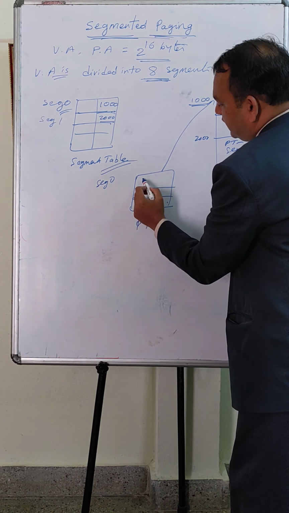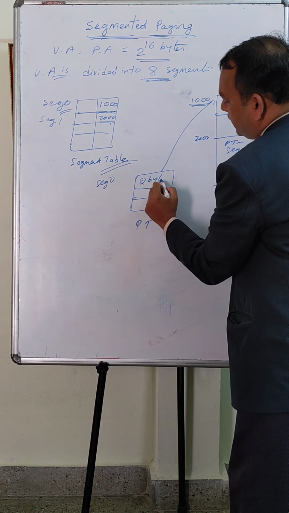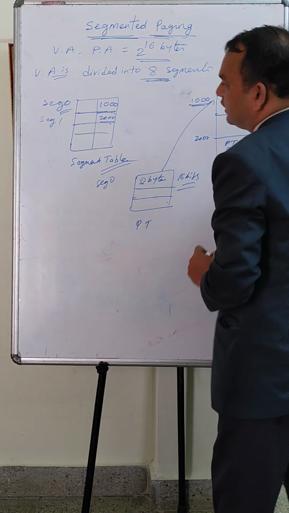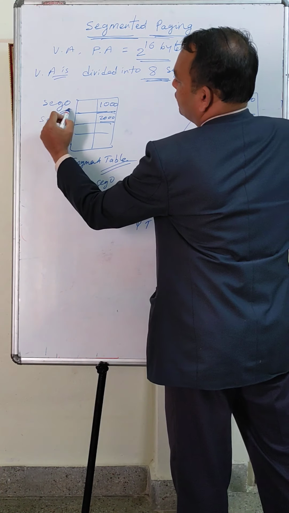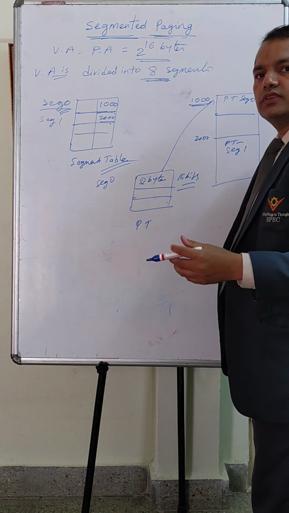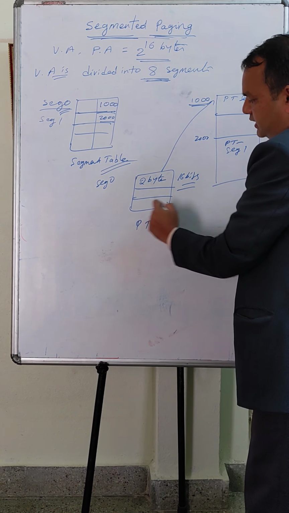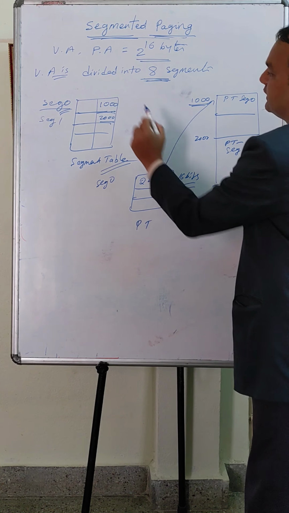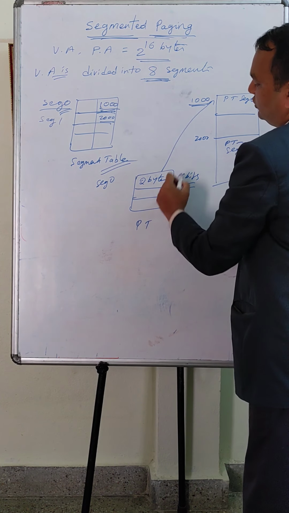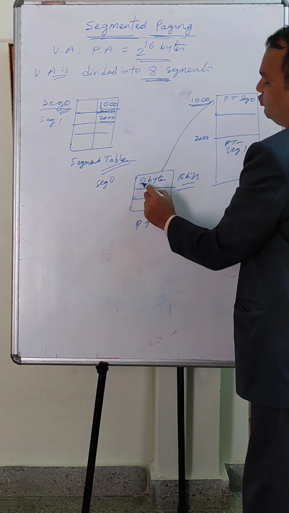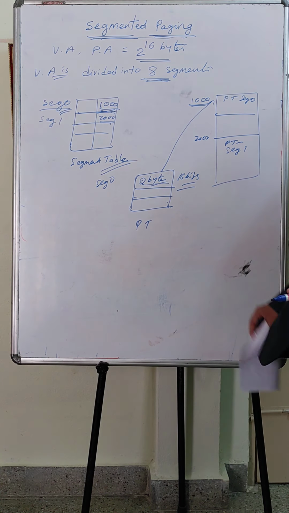Here each entry is how many bytes? 2 bytes, meaning 16 bits. Understood? Segment 0 is divided into a number of pages, so it should maintain a page table. That page table is stored in main memory, and each entry in the page table is 2 bytes. Okay.